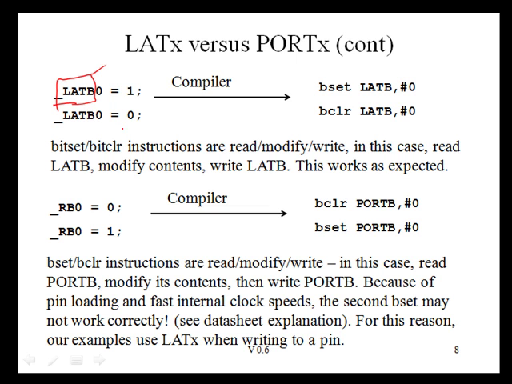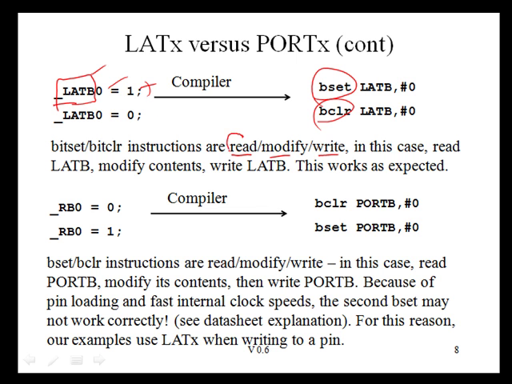The reason is that sometimes the compiler, if we're doing a single bit assignment like this, will use bit set and bit clear instructions for this write. It turns out that bit set and bit clear instructions are executed by first doing a read, then modifying the value, then writing back.